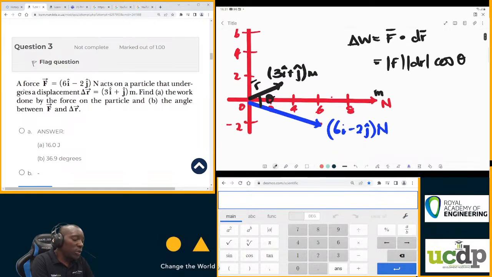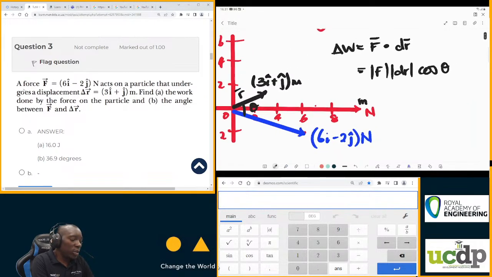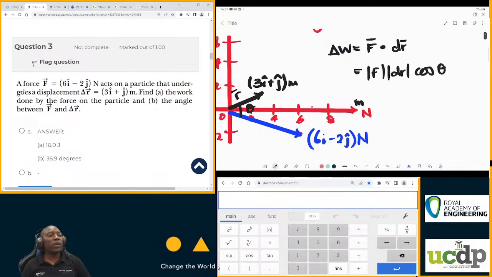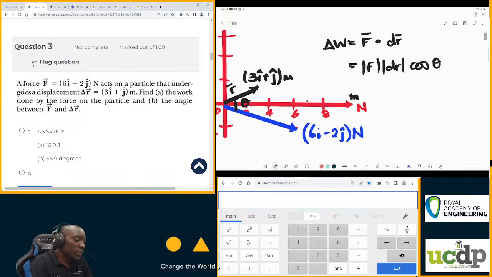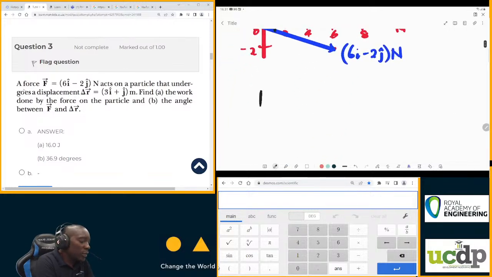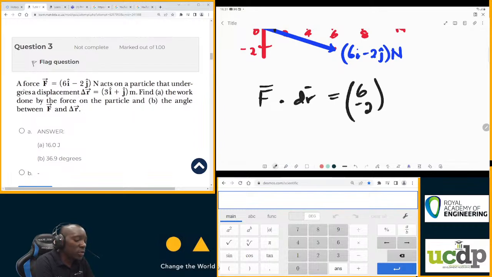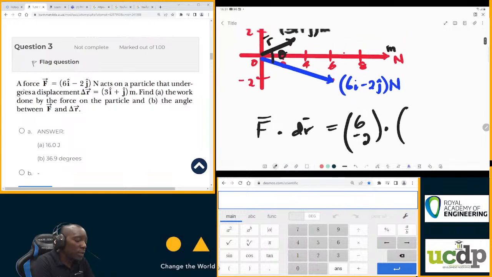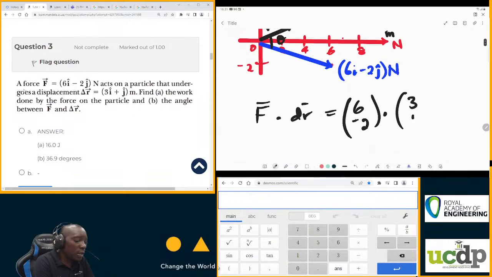So if we have a dot product like this, how do we do a dot product for two given vectors? So F dot dr is equal to F, which is 6, minus 2, dot 3, 1.